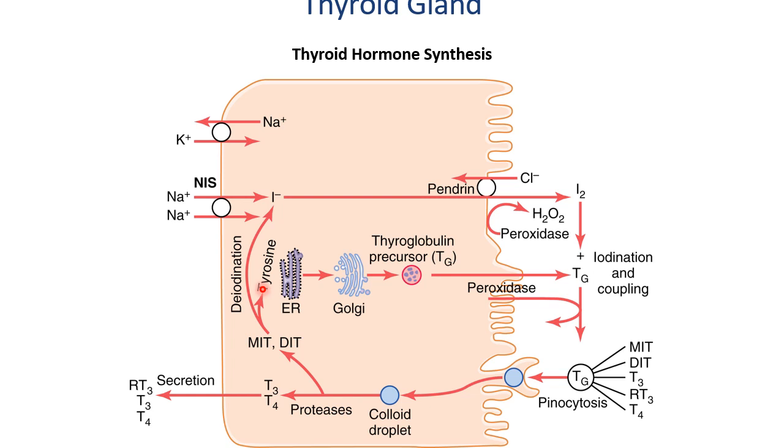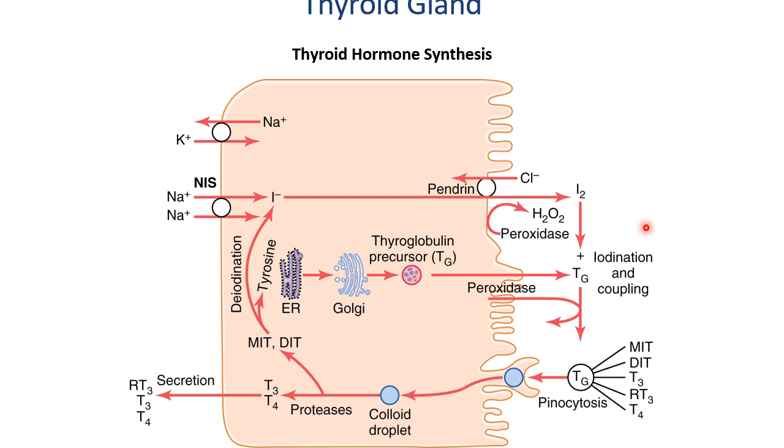Okay, let's orient ourselves first. This would be the side of the thyroid follicular cell that is near the blood vessel. And this side of the thyroid follicular cell would be the side near the colloid or thyroglobulin.